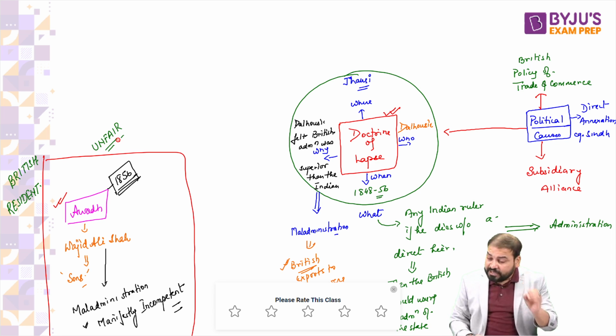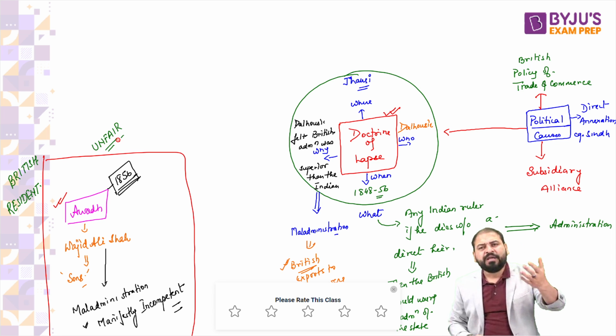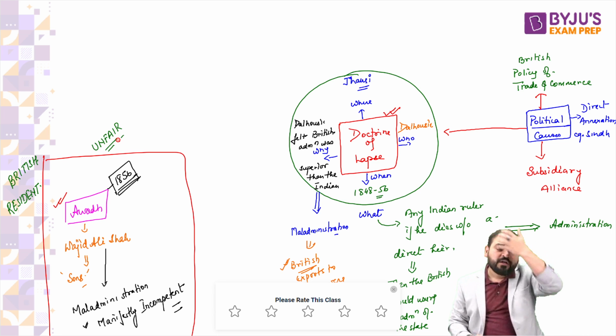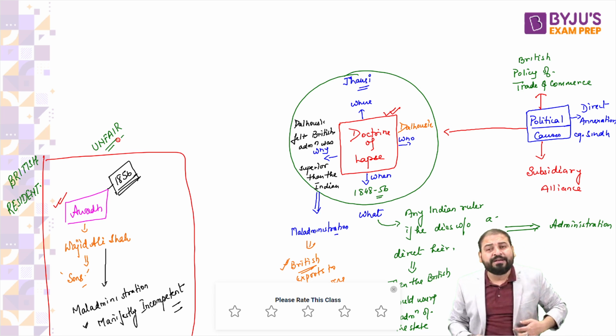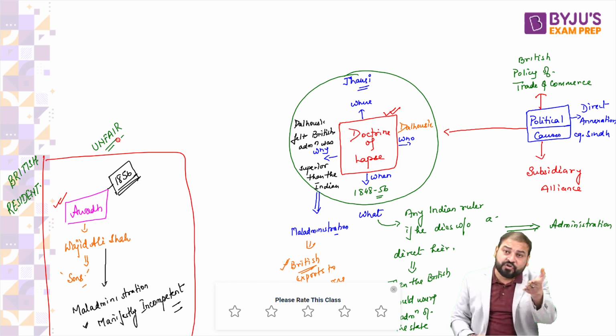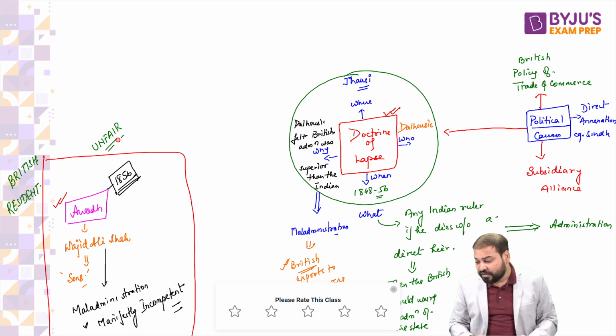Because, how can you accuse Wajid Ali Shah of having a bad rule when in reality it was you who was ruling this place for the last so many years? Everyone, am I clear with this?